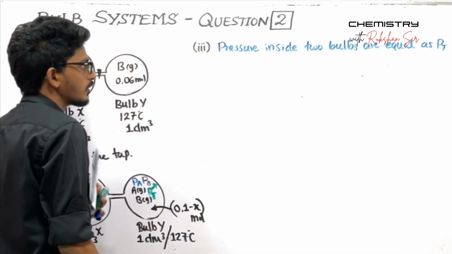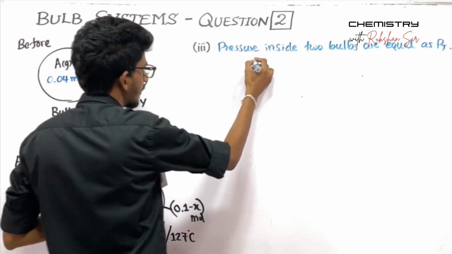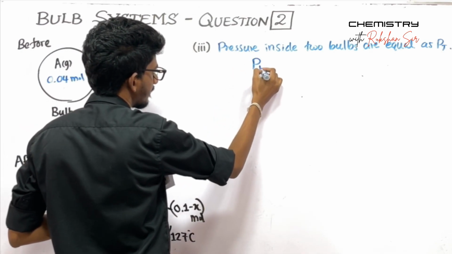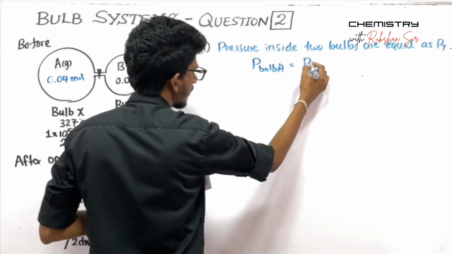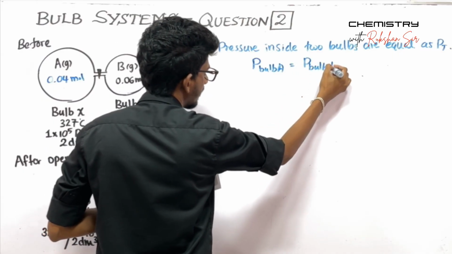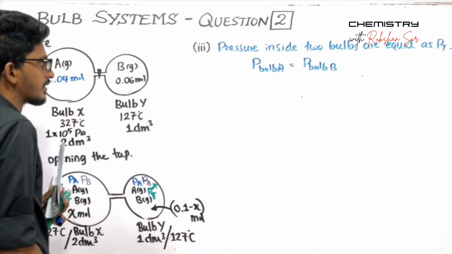So we can write the pressure of bulb X is equal to the pressure of bulb Y. Let's apply the values.